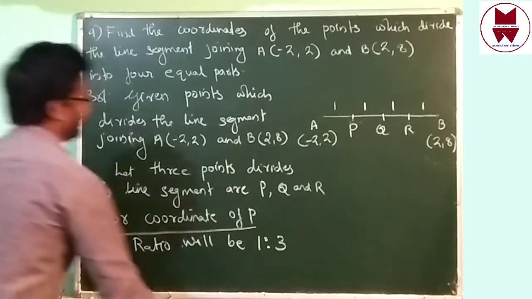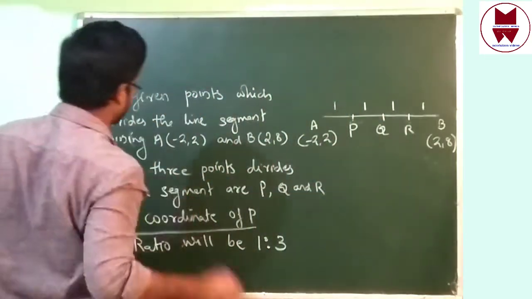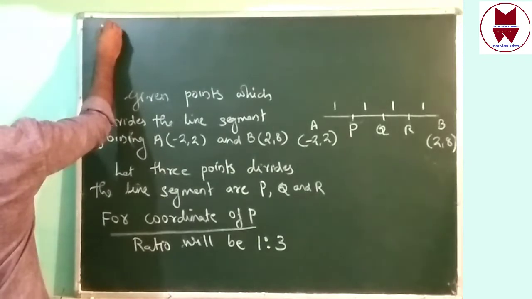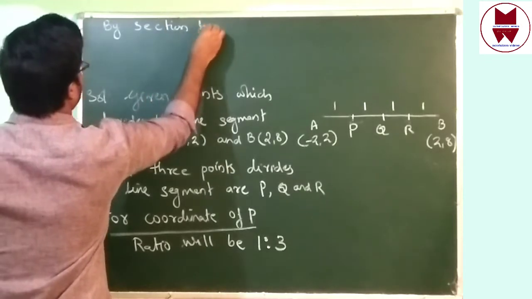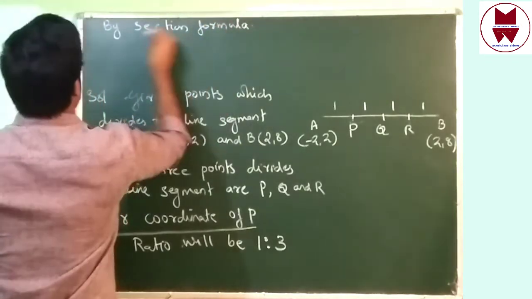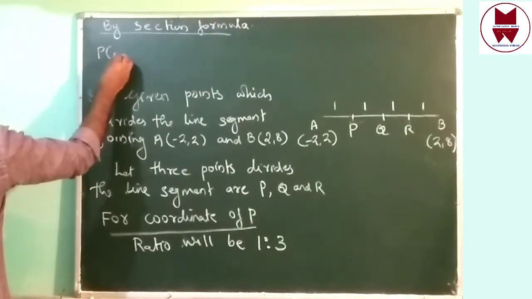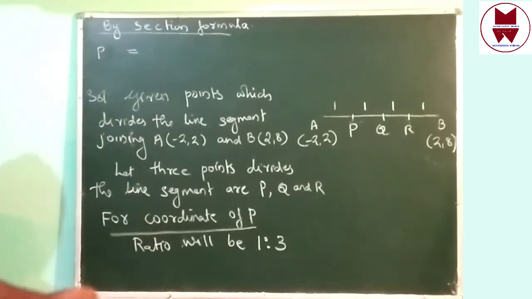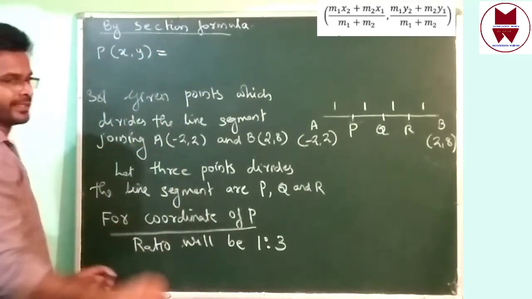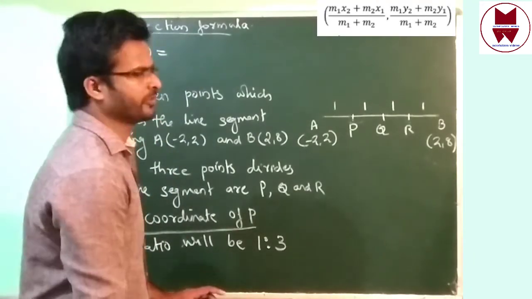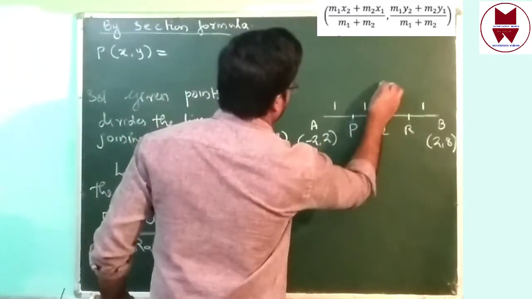Then section formula, you can write P equal to Pxy. Section formula was already studied. That formula no need to write. Okay, directly you can write M1. If you consider P, this is 3, this is 1.